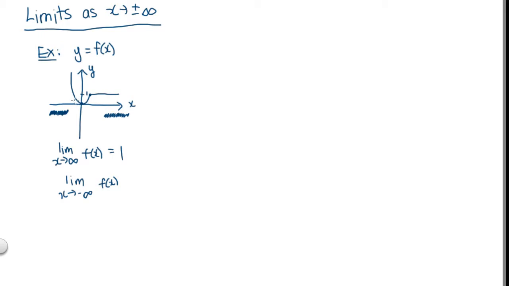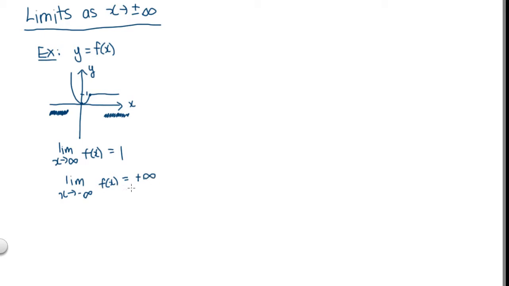So as we trace across this part of the graph, the x values are getting increasingly negative and the y values are just increasing. They are not approaching any one specific number, they're getting bigger and bigger. So we could say they are approaching positive infinity. The limit as x goes to negative infinity of our function is positive infinity.